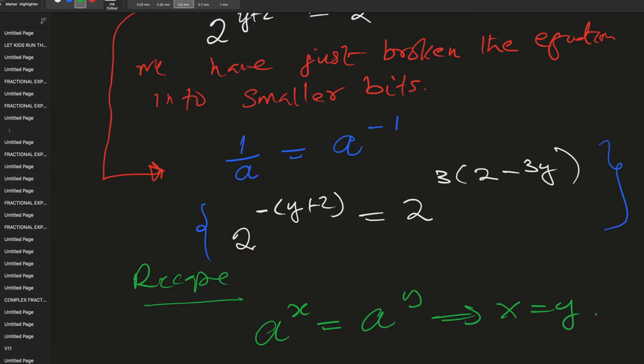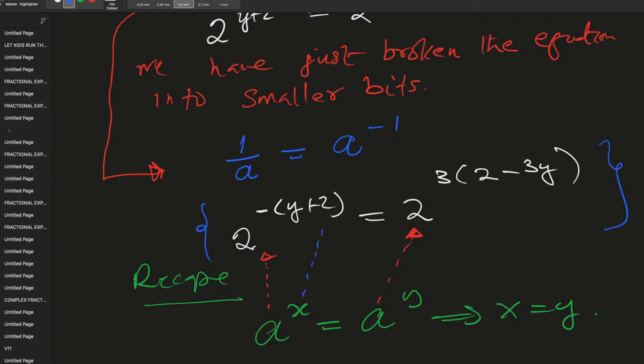Meaning, all we have to do is equate the exponents. Because now, the 2 over here and another 2 over here, you can see that the top ones are the x and y.